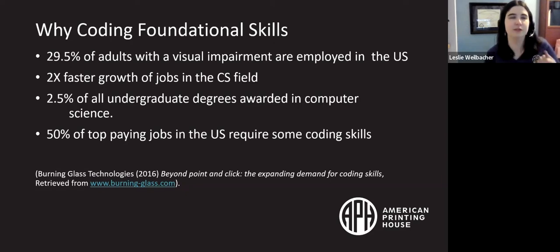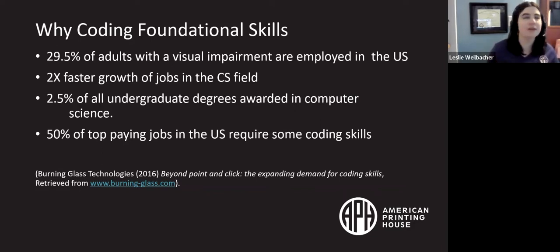50% of top paying jobs in the US require some understanding of coding. Now, that doesn't necessarily mean that they're coders or programmers, but that does mean that they need to understand what coding is, how it works, what uses it, maybe even have a level of coding knowledge for HTML to do some website manipulation.